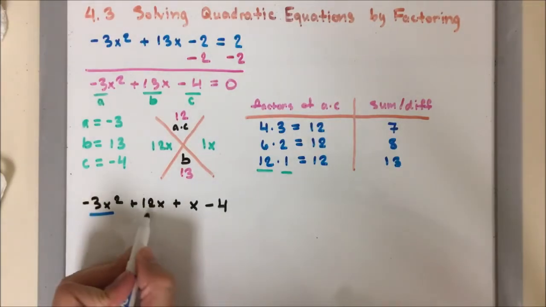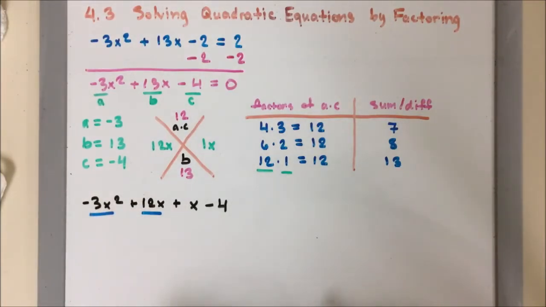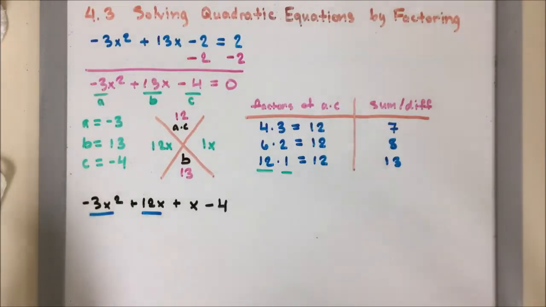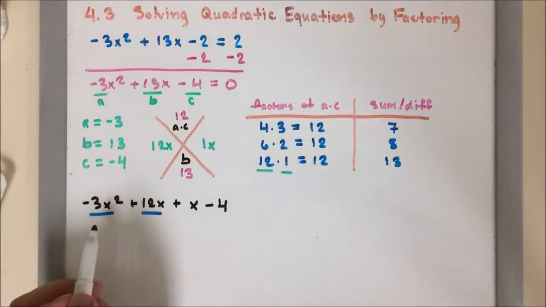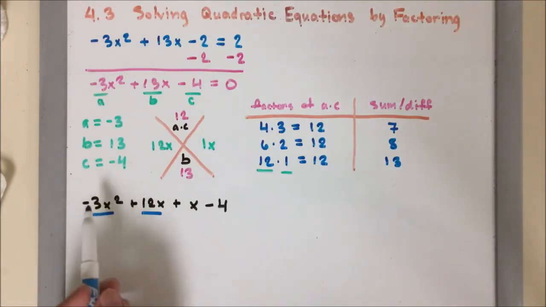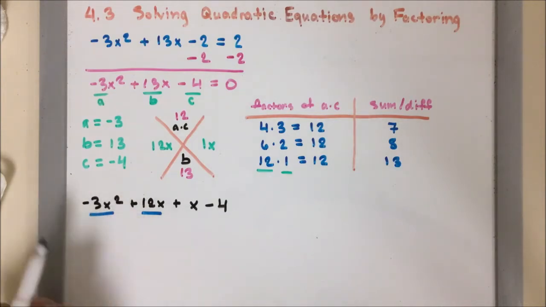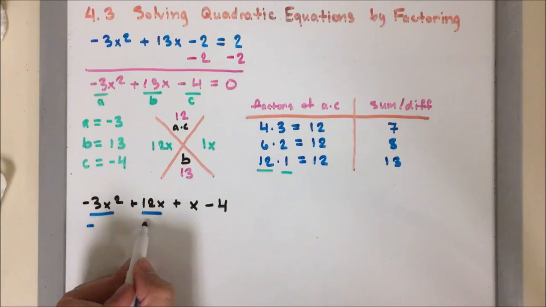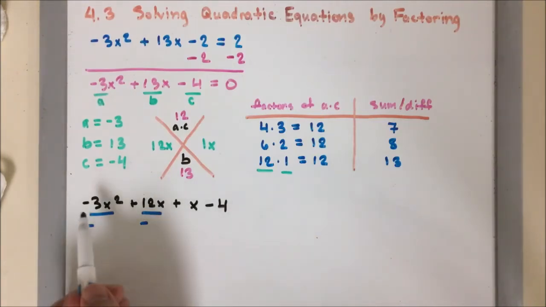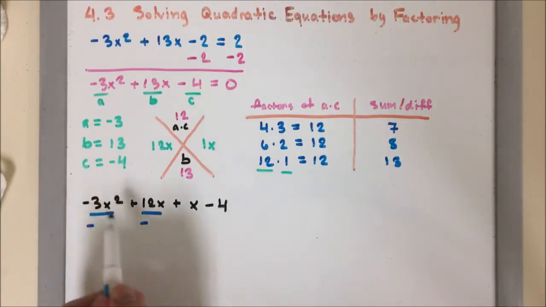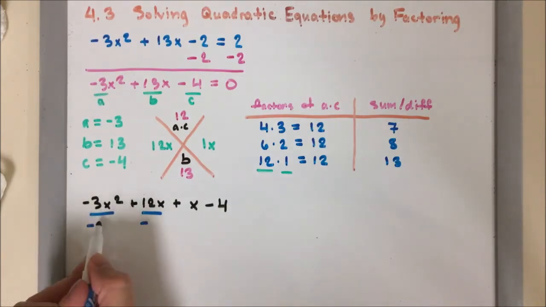So this is my left side. I'm going to identify what's in common. Now be very careful. As you can see, the first term on the left side is negative, so I'm going to have to include negative in my GCF. Now between negative 3x squared and 12x, both of these terms can be divided by 3.